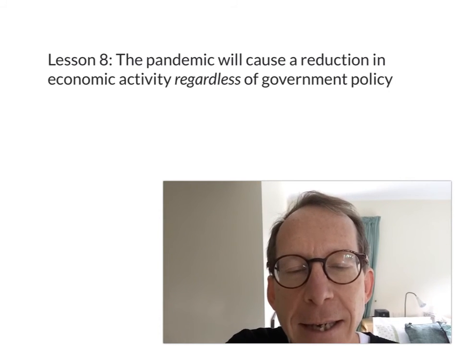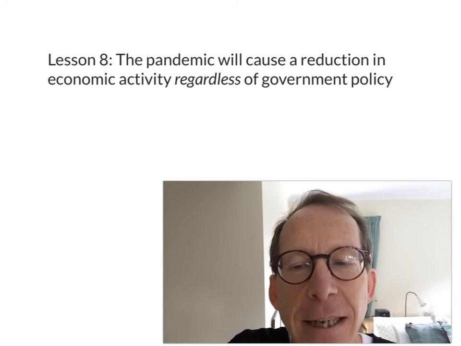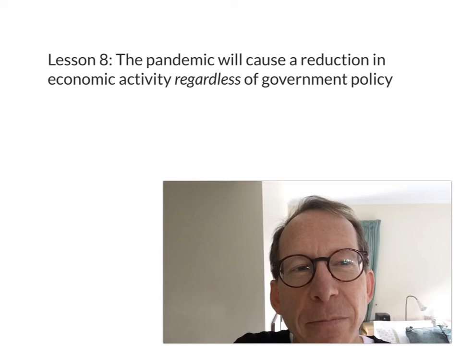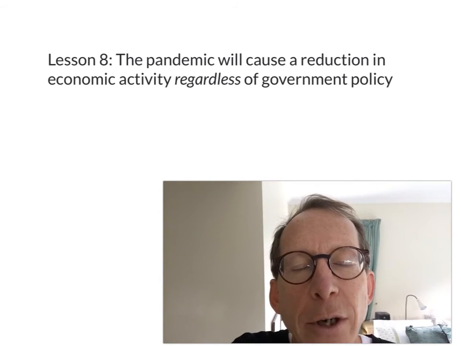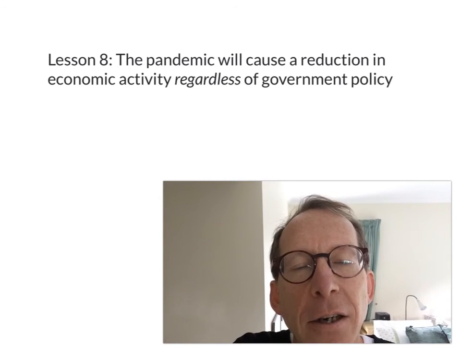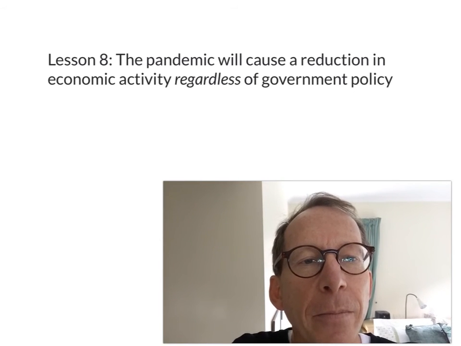And the only way we can get economic activity back up again is going to be by dealing with the health issues. So we're not talking about a trade-off between economics and health in a pandemic. We're talking about a situation where the two have to move together. To get economic recovery, we need to solve the health problem of the pandemic.